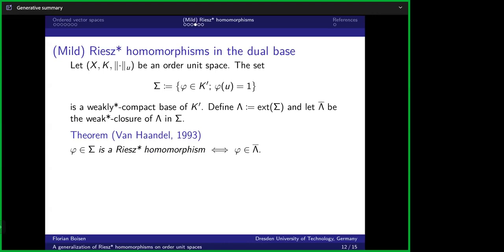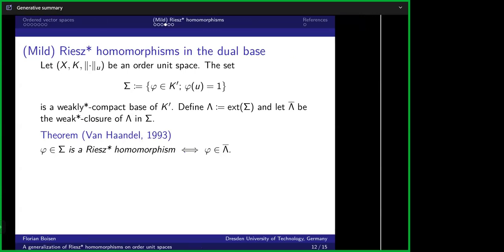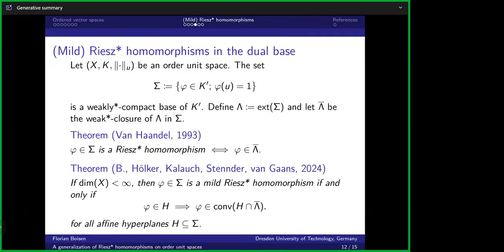And then Van Haandel showed that out of all the linear functionals in sigma, lambda bar consists entirely of the Riesz star homomorphisms. So we know, if you know how your lambda looks like, you know exactly where your Riesz star homomorphisms are to be found. And so our goal was now to find a similar characterization, but for multi-star homomorphisms. And we have found something, and I want to give you a really nice result, which only works for finite-dimensional order unit spaces.